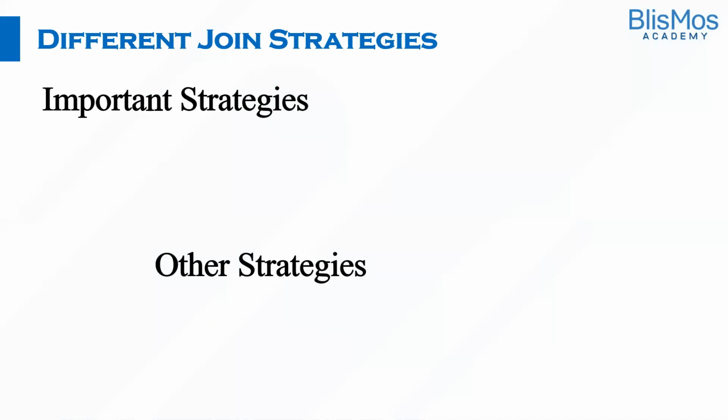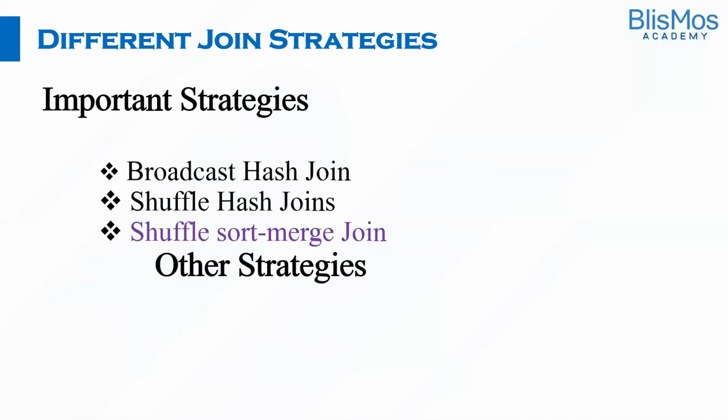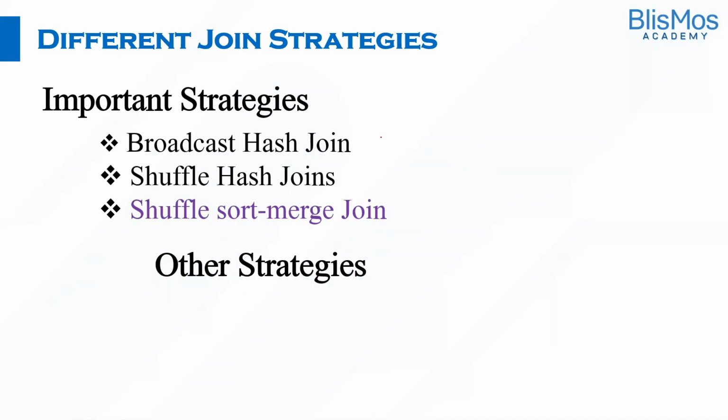But those would be classified into different strategies. Some of the important strategies are broadcast hash join, shuffle hash join, shuffle sort merge join. This one is a default in PySpark.